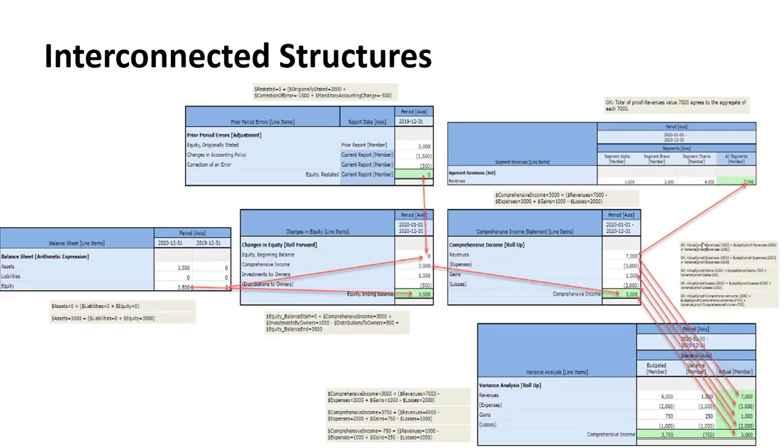This is all the interconnections. So here you see the 3 core statements: the balance sheet, the income statement, the statement of changes in equity.